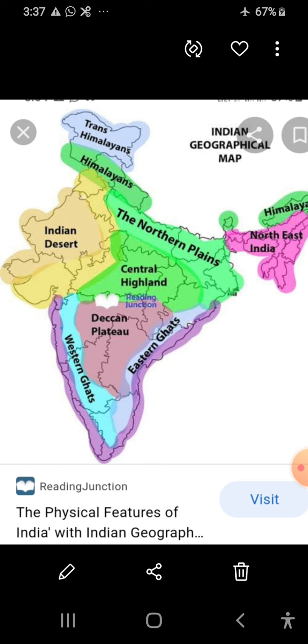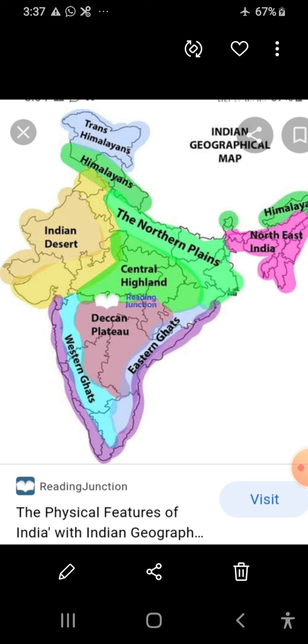Dear students, with this we have learned about physical divisions of India. In the previous class, I explained a few things about physical divisions of India. India has varied physical features. By seeing this map you can understand how different colors are used for the different areas. So, varied physical features like mountains, plateaus, deserts, rivers, and islands.